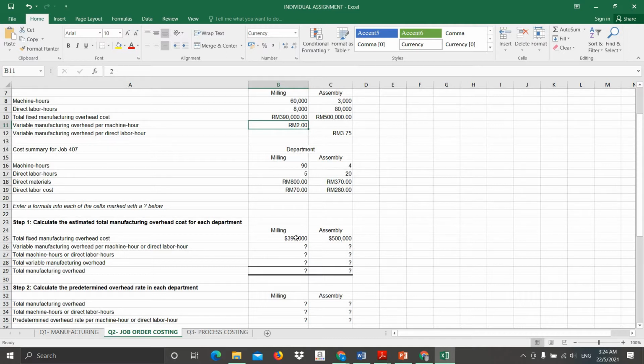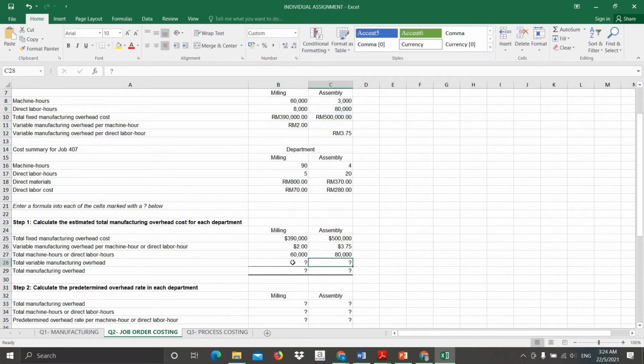So for milling department, using a machine hour, and for assembly department, using direct labor hour. So we take from machine hours for milling department, and for assembly department we take from direct labor hours.